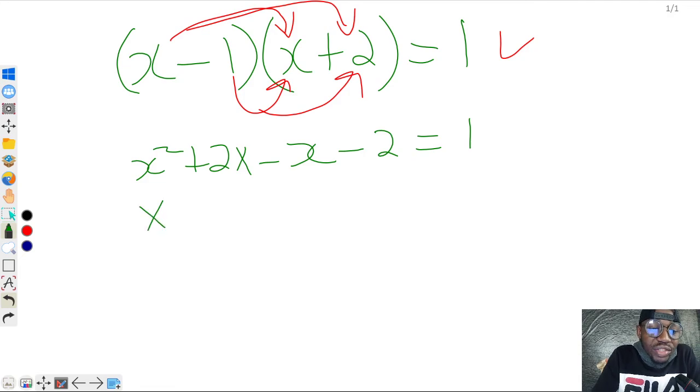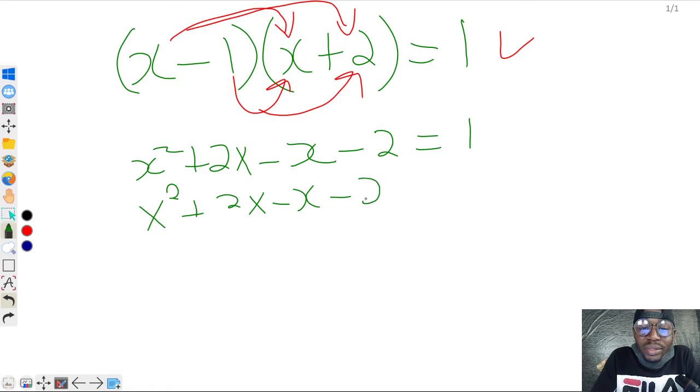All right, so let's deal with the like terms. Arrange everything into perfect order. Plus 2x minus x minus 2. We bring in the 1, or we subtract the 1 from both sides. Okay, so we bring in the 1, we remain with a 0. So let's clean up everything. 2x, and then subtracting the x.